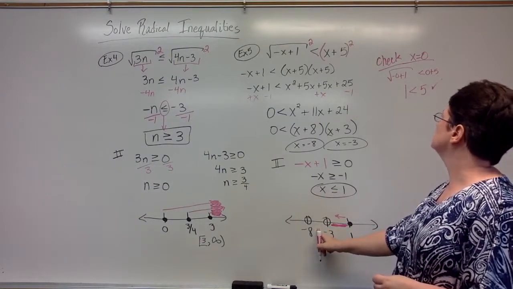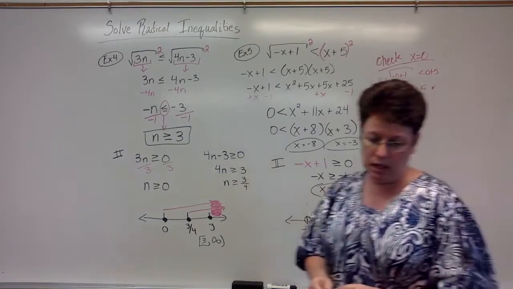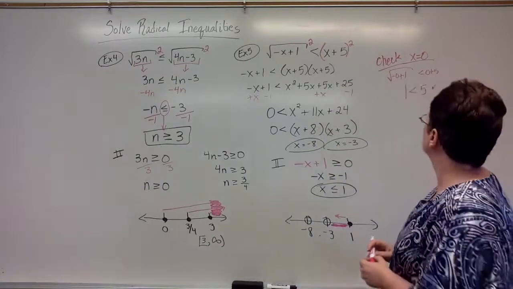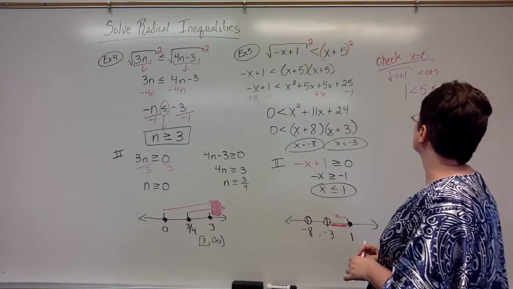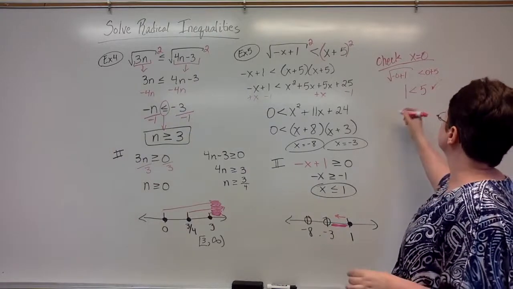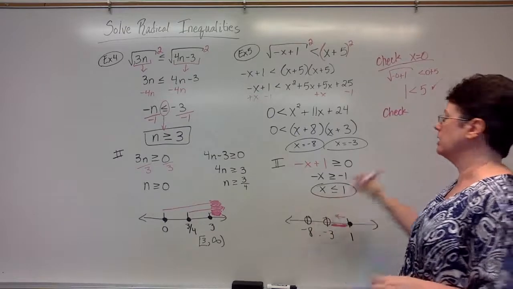Just to make sure, let's plug in a number over here. Well, what's a good number over there? We could plug in anything. I was going to go with negative 8, but that won't work. We'll just go with negative 5. So now I have to check a number in between negative 8 and negative 3.